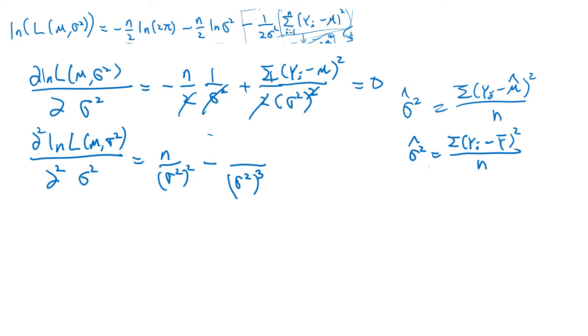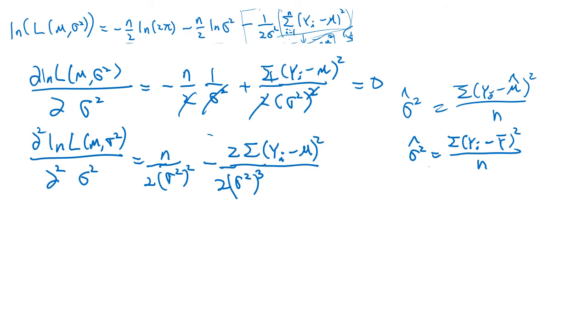Actually, we have 2 here, 2 here, and 2 times the sum of yi minus mu squared.